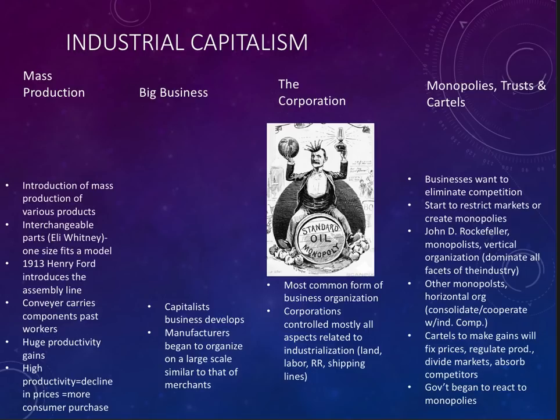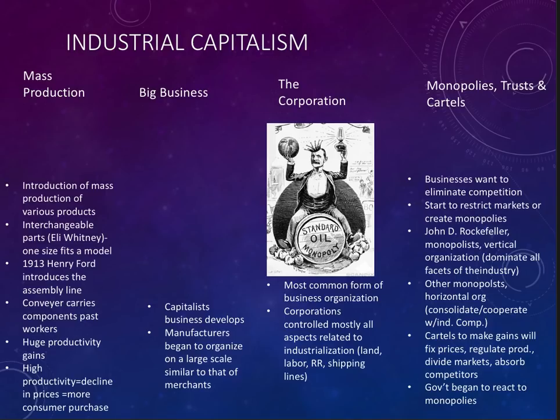Eli Whitney, in order to help factories, created something called interchangeable parts, a one size fits all model. So let's say you have a cotton machine, a machine that is going to help you create t-shirts.